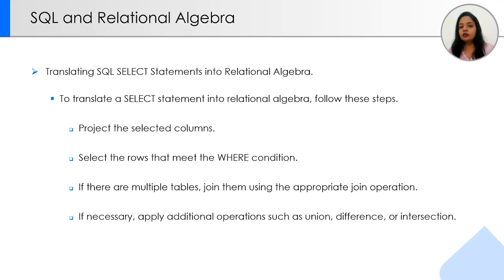So again you are putting the filter and the condition. If there are multiple tables, then you can join them using the appropriate join operation in relational algebra. And if necessary, you can also apply additional operations such as union, difference, and intersection, depending upon how you want to manipulate the data in order to achieve the accurate result.